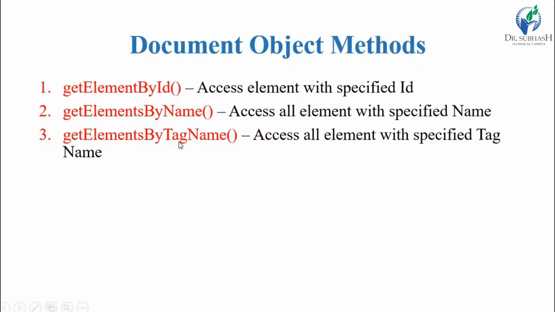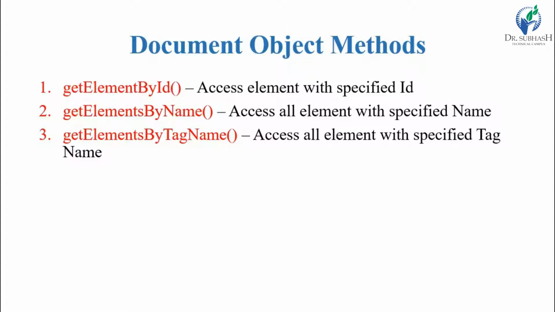Suppose, for example, you want to access all paragraph tags. So here we are going to pass P as the paragraph tag name to access all the paragraphs inside your HTML document. So these are three basic methods which are very important to access the elements from a page.